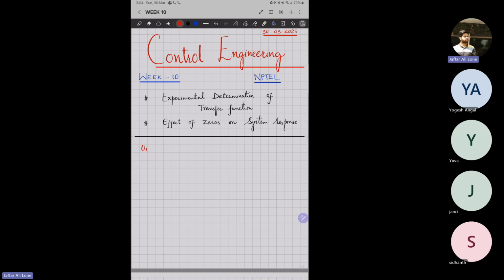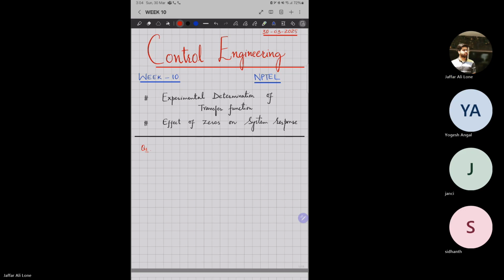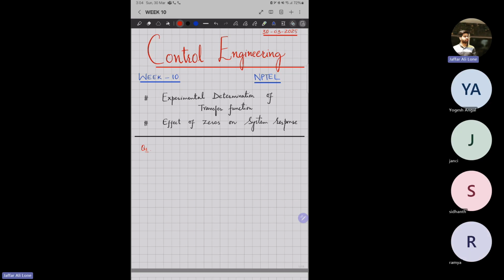Let's solve our question number 1 for today. We're given a Bode plot, a Bode magnitude plot.